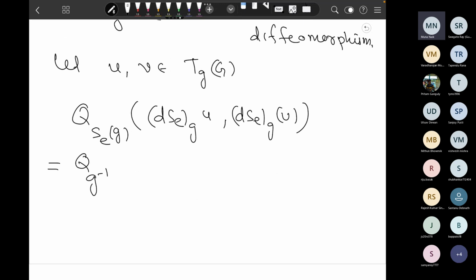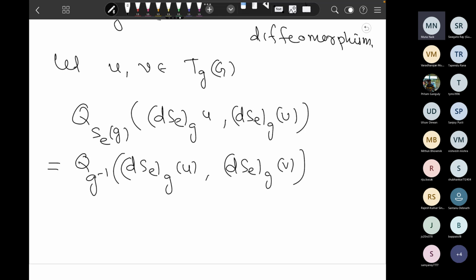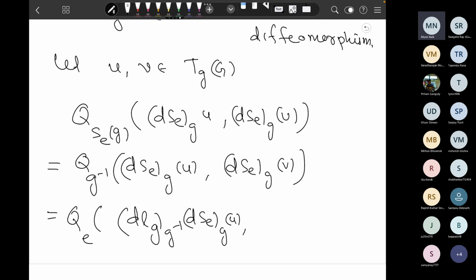So this is really what? Q of g inverse, dS_e(g)(u), dS_e(g)(v). Now, since this is a left invariant metric, so Q_e of dL_{g inverse} dS_e(g)(u)... so I have to calculate this thing.